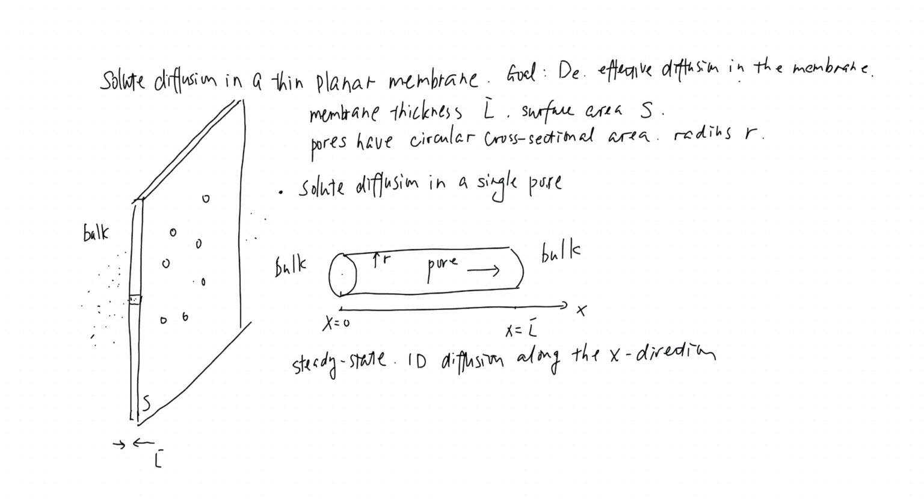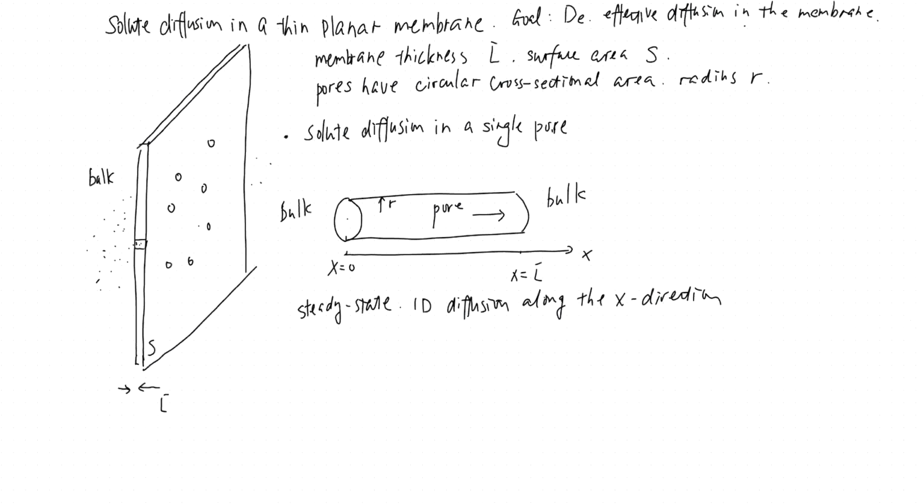Whenever you want to solve a diffusion problem, you always want to start with Fick's second law. Fick's first law gives you the flux. Fick's second law gives you a governing equation.